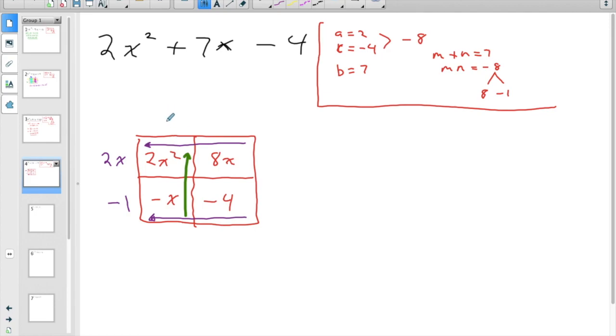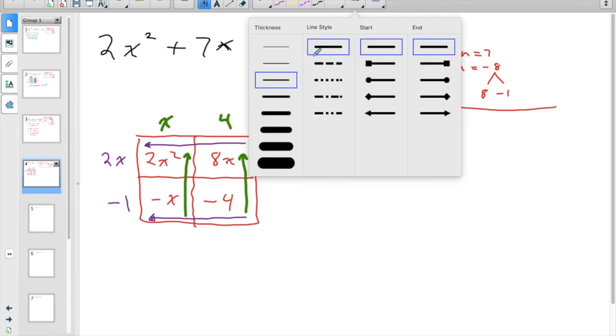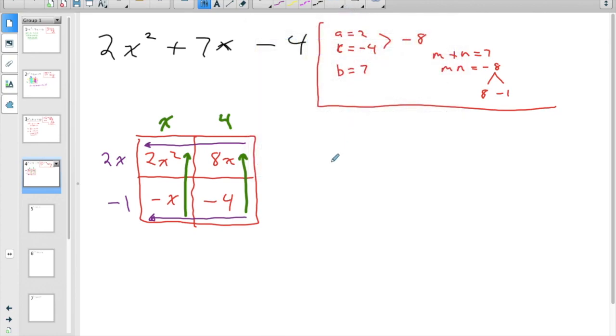They have an x in common, so I'll pull out an x, and then I'll look at these two. They have a 4 in common, so I pull out a 4. So my factored form of this expression is 2x minus 1, x plus 4. Okay.